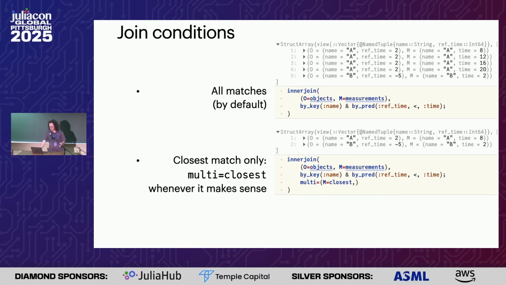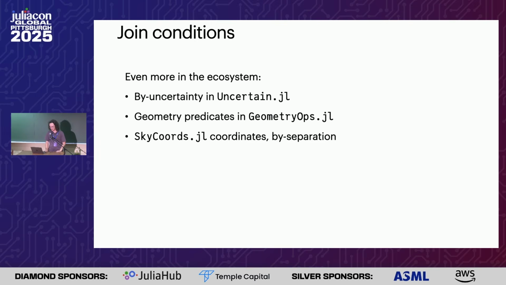So these join conditions that I walked through are just available in FlexiJoins itself, but it's designed to be extensible, and it is. There are others across the ecosystem. These are the ones I know. There are joins by uncertainty in the Uncertain.jl package for uncertain numbers.